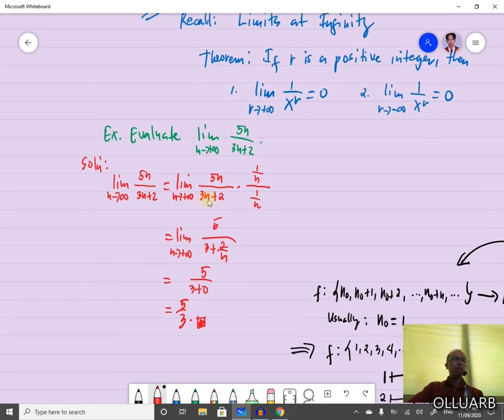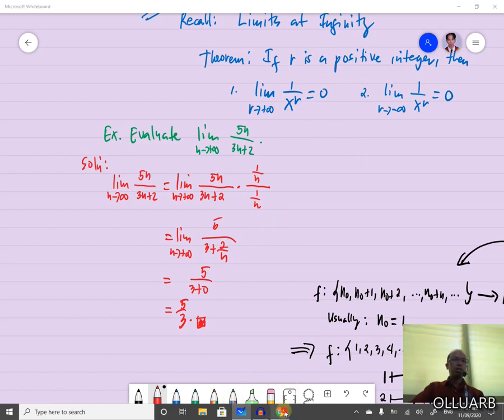Okay, so there is actually a difference between a real function and a sequence. When you say real function, the domain is the real numbers. But if you have a sequence, the domain is a subset of the positive integers.